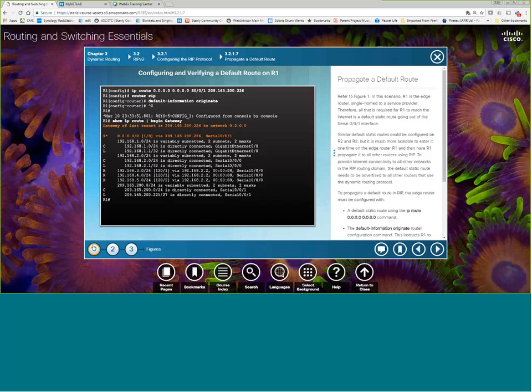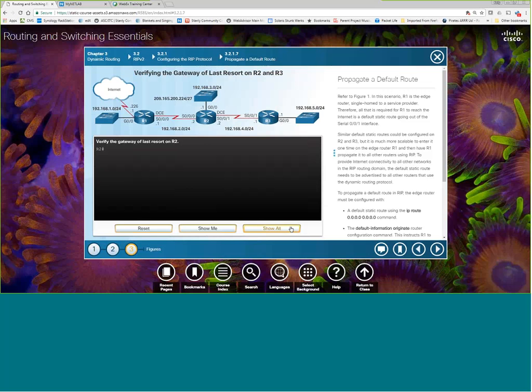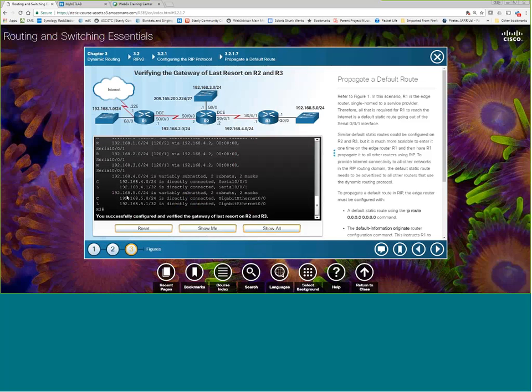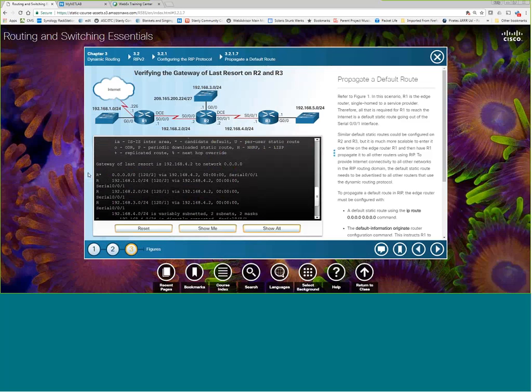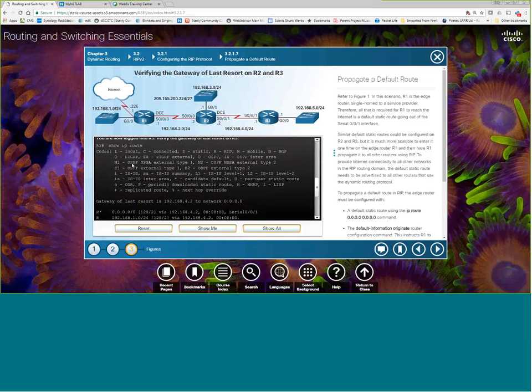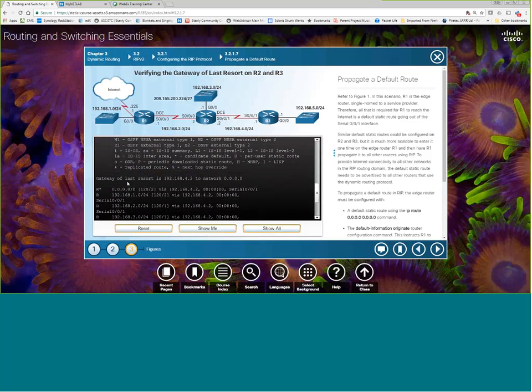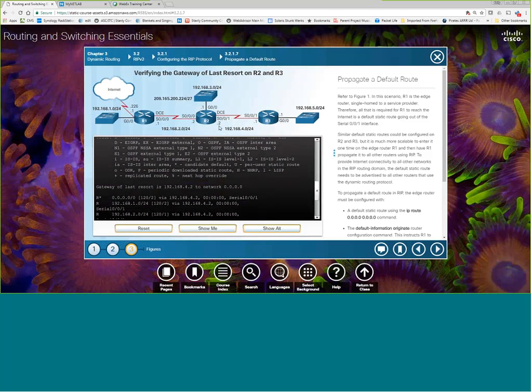At that point, that router will automatically advertise inside to the other routers a default route, and that route will show up like this. You will get a RIP route, an R with a star. In other words, it's a candidate default route. That's what the star stands for. And it tells you this route was learned via 4.2. This is actually R3, I believe. Yeah, this is R3. It was learned via 4.2.